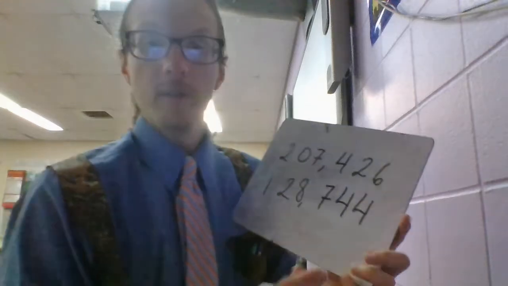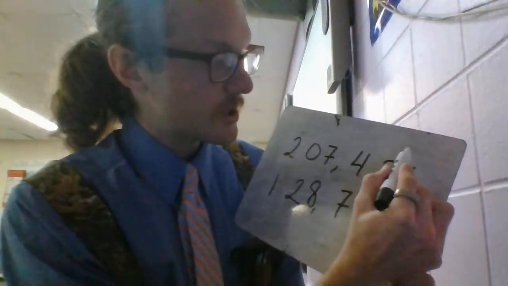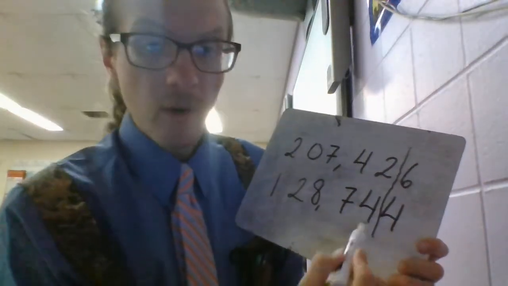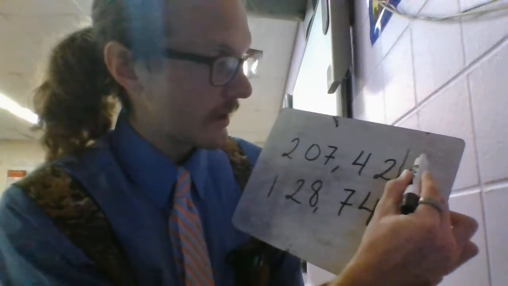But what you really need to remember is no matter how you space them out, they need to line up place value wise. I'll show you what I mean in a minute. You don't have to draw these lines, but you should see a clear ones place right here.